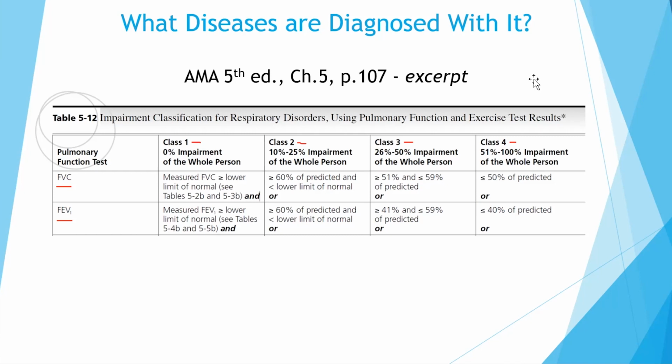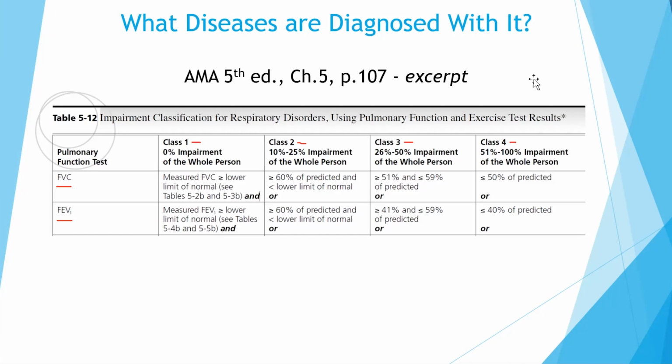FEV1 is, like I said, that first second and how much air you can move out of there. And you can see here, it's basically the same, greater than or equal to 60% of predicted normal, and less than the lower limit of normal. And so, again, it basically goes out to the right.